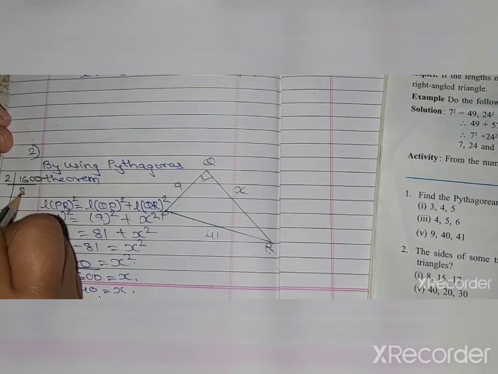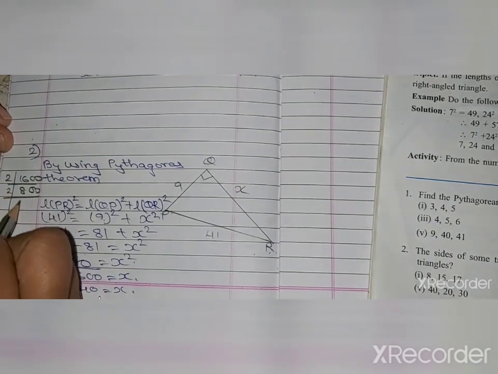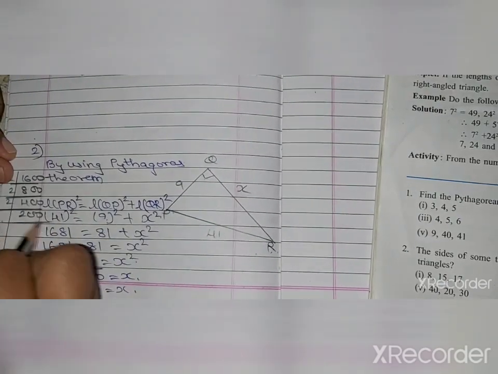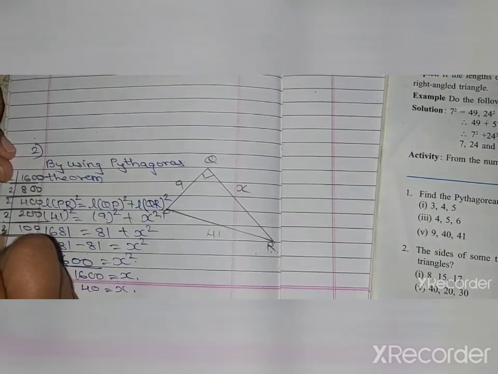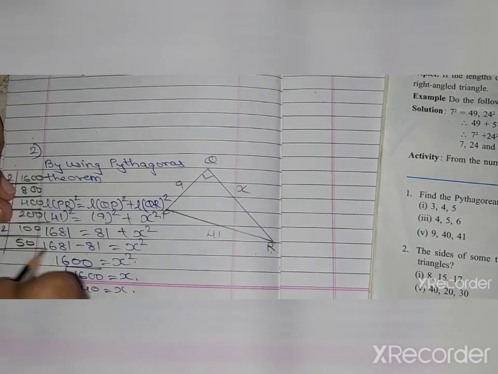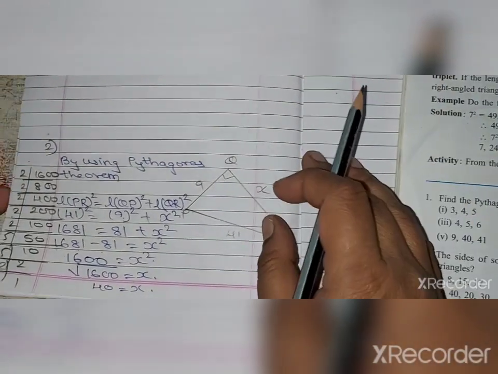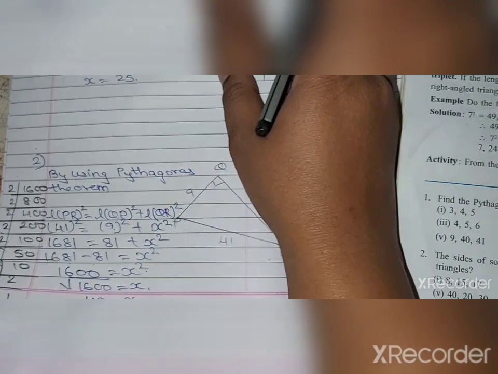1600. 2 8s are 16, 0 0. 2 4s are 8, 0 0. 2 2s are 4. 2 10s are, 2 5s are, 5 10s are, 5 2s are, 2 1s are. Take two numbers, make one pair. Take two numbers, make one pair.